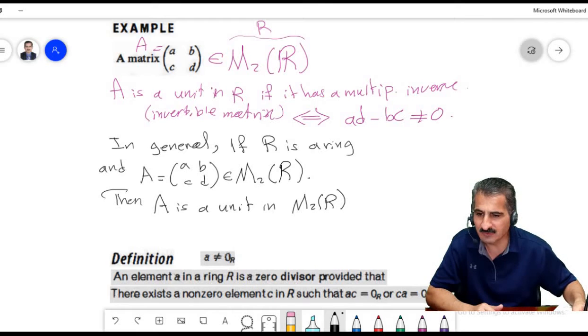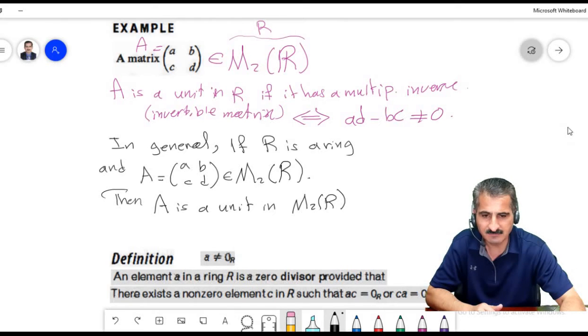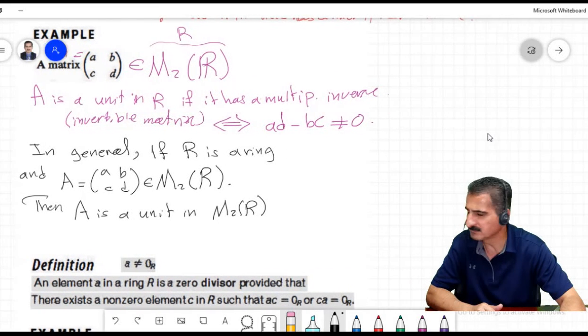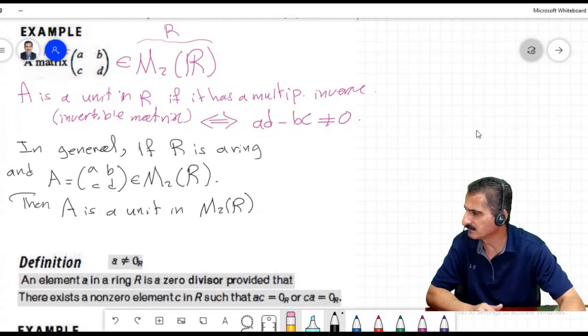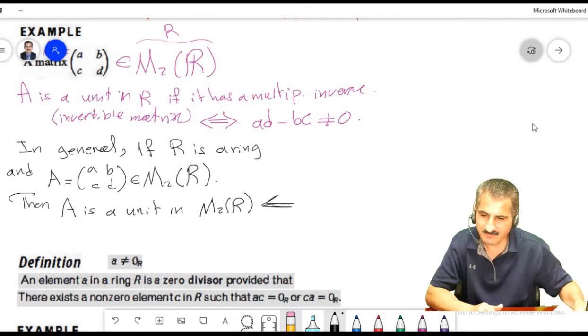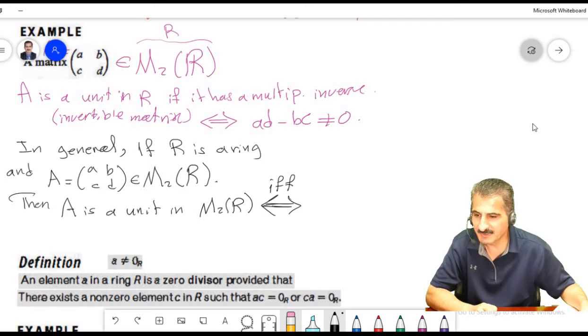if and only if, I want somebody to tell me, if and only if the determinant is a unit in R. Not the determinant matrix, the determinant, you see.